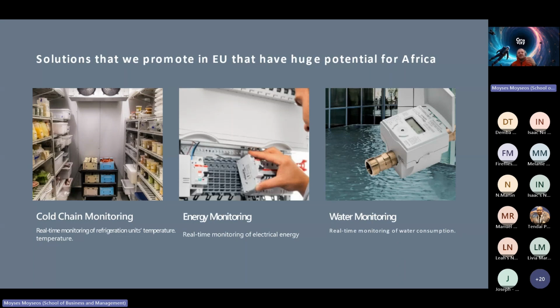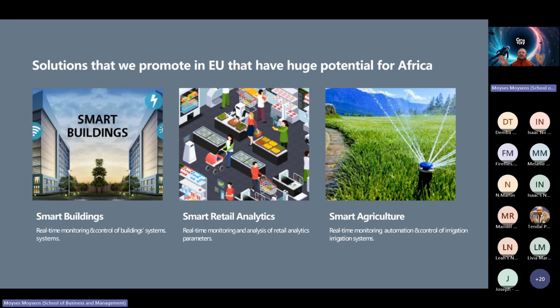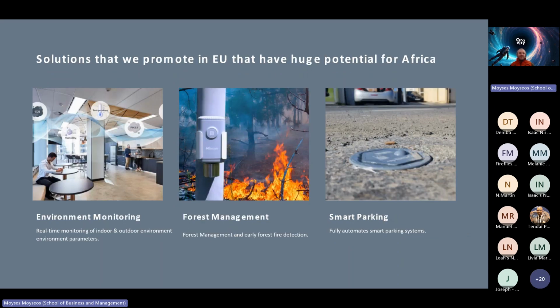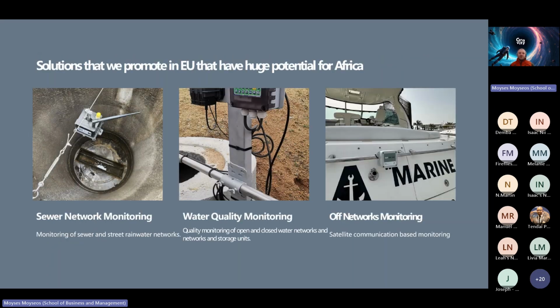So we have become system integrators of multiple IoT technologies in the EU that I believe could also be a good test bed for the African continent, such as cold chain monitoring, energy monitoring, and water monitoring with IoT technologies, and specifically LoRa network integration, smart buildings, smart retail analytics, and smart agriculture, as well as environmental monitoring, forest management, and smart parking solutions.